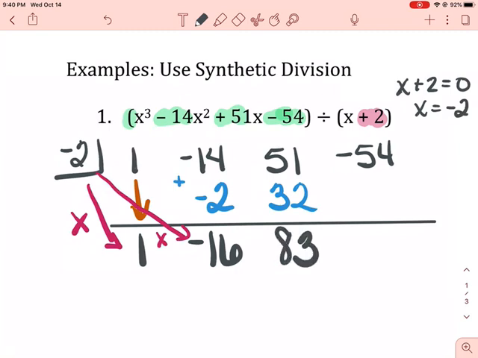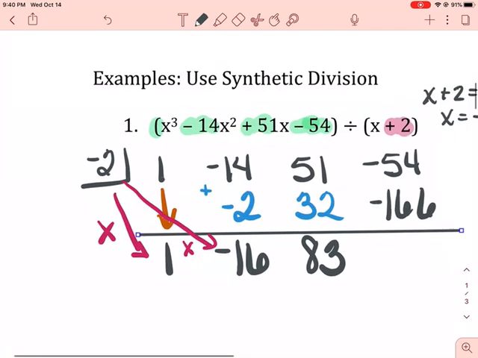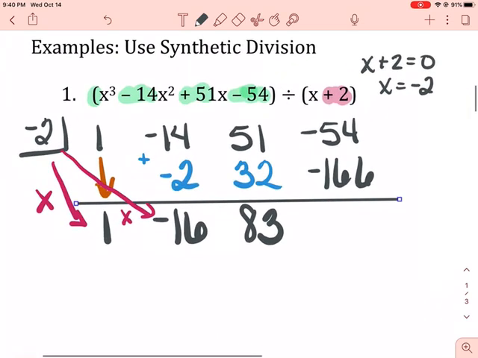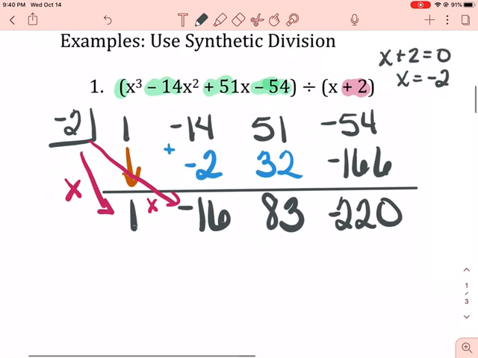And then we're going to multiply again. All right, so negative 2 times 83 is negative 166. And then we're going to add. Negative 220.